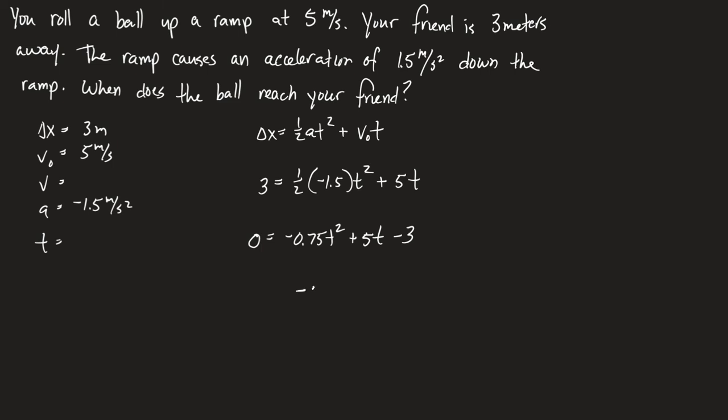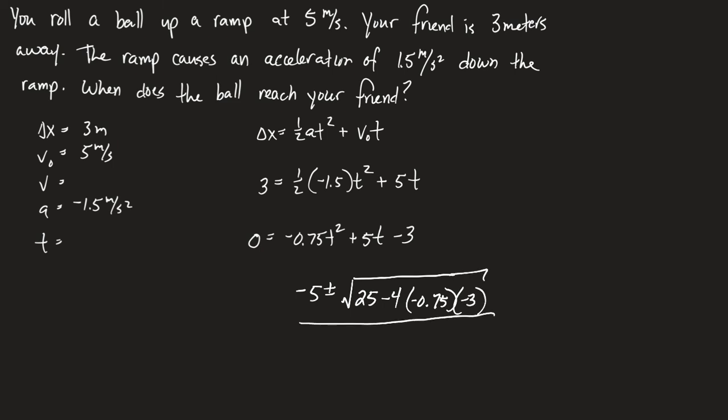But let's say negative 5 plus or minus the square root of 5 squared minus 4ac, divided by 2a.